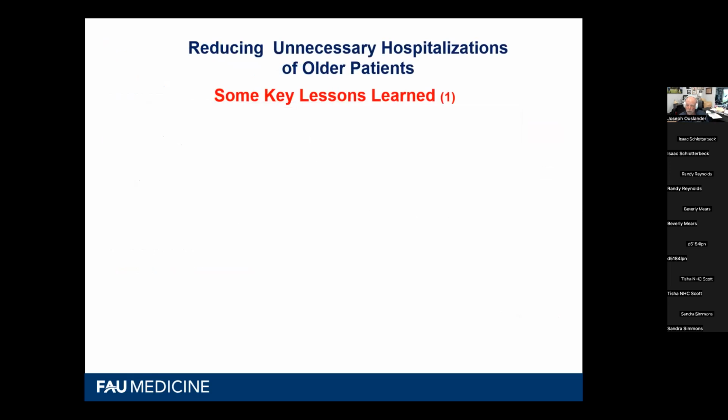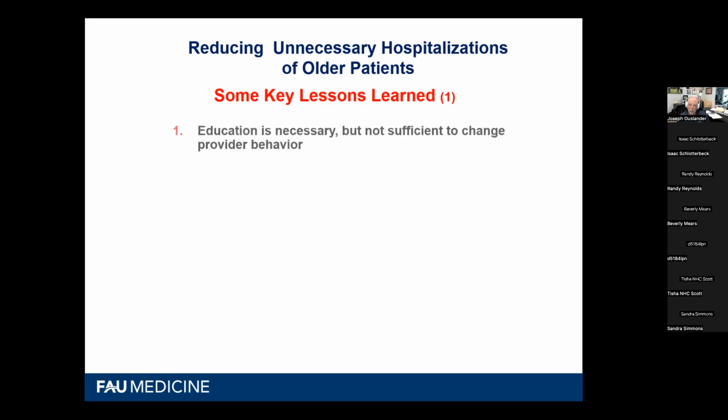So what did we learn from all these studies? Most of the studies that I've been involved with and I've led or co-led in nursing homes have not had highly significant outcomes. And it was not just Interact, but other interventions as well.